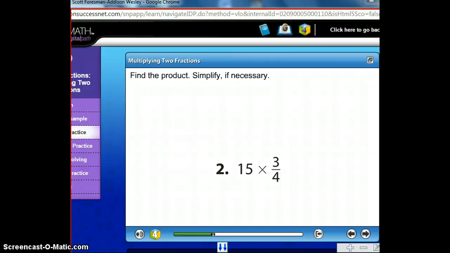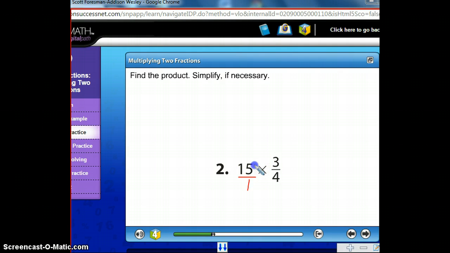How do I change 15 into a fraction but not change the value of it? Grant? Yeah, put it over 1. Because remember, the fraction bar means divided by. 15 divided by 1 is 15. We just made it into a fraction, but we haven't changed the value. It still means 15. Nothing has changed.